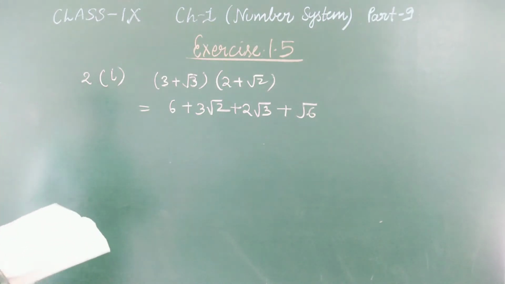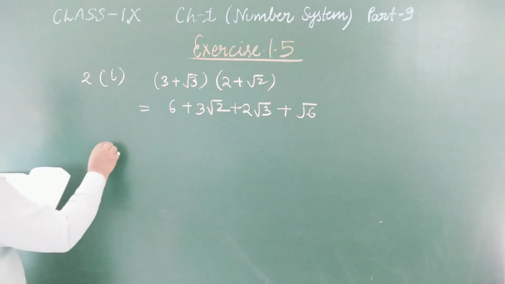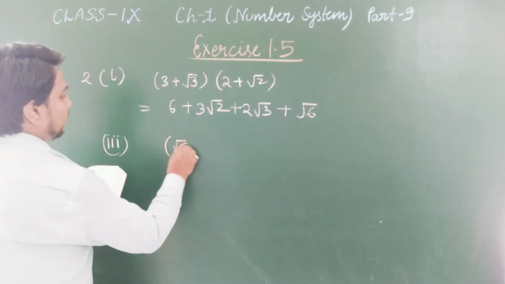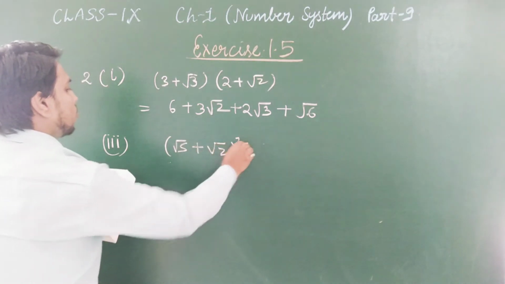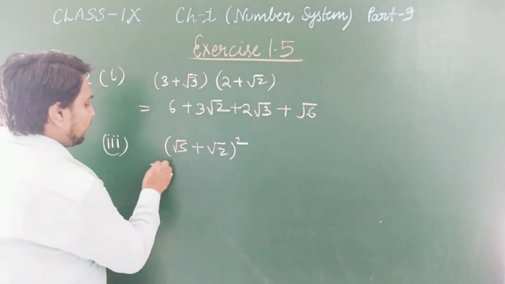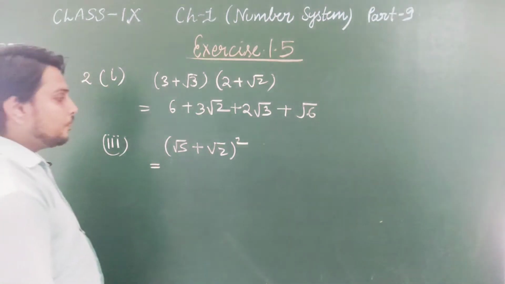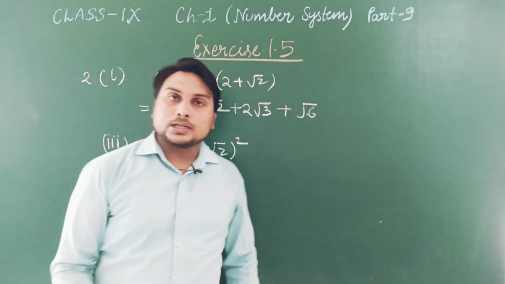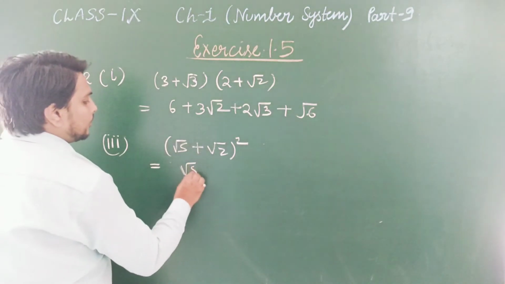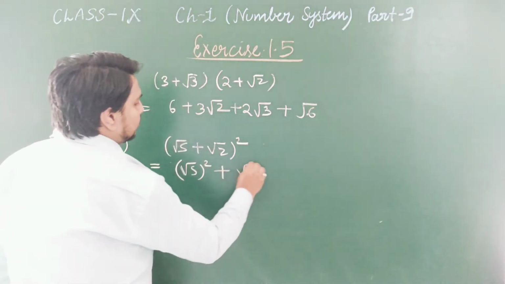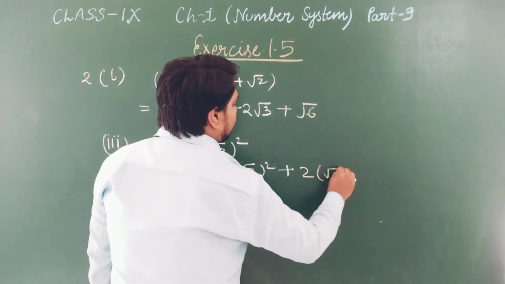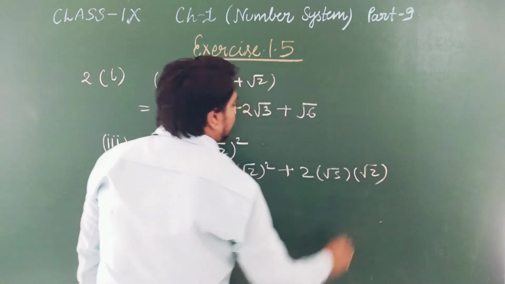Next, let us take question number 3. It is (under root 5 plus under root 2) whole square. If we expand it according to the identity (a plus b) whole square, it will be a square plus b square plus 2ab, that is 2 into under root 5 into under root 2.